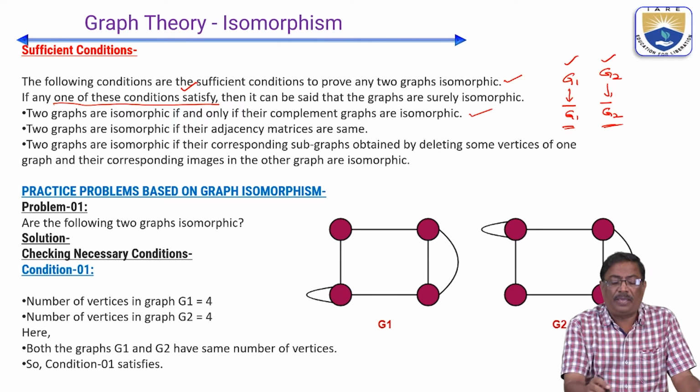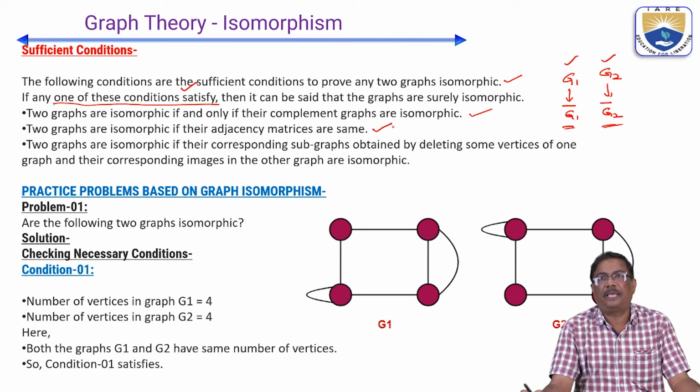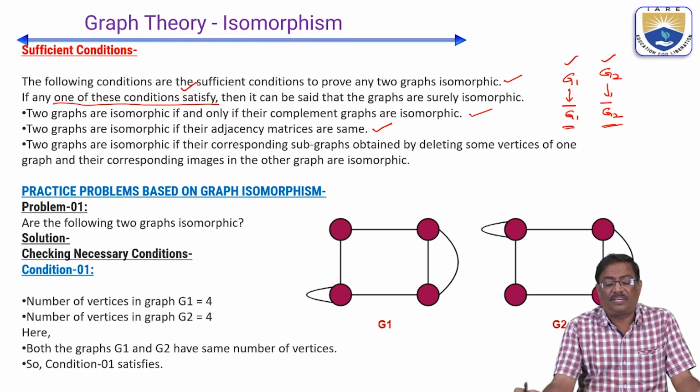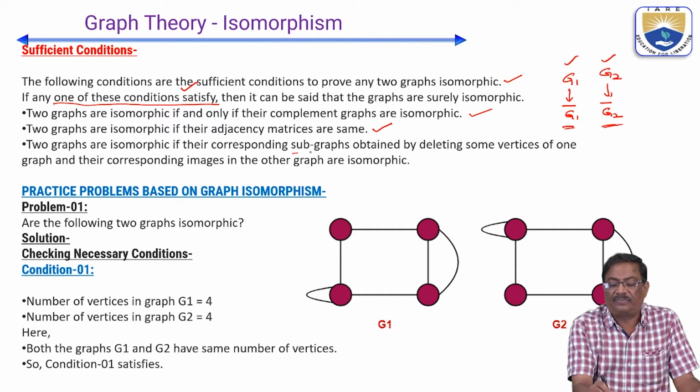Two graphs are said to be isomorphic if their adjacency matrices are same.